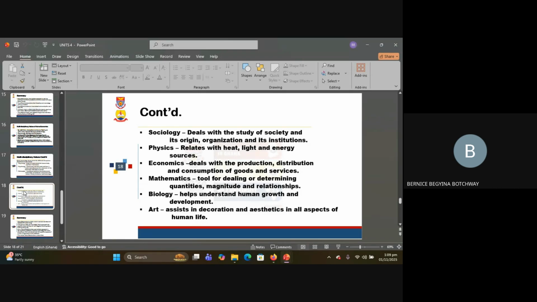When it comes to food and nutrition too, we measure the various quantities of ingredients we need. To bake the cake that you want to bake, it has quantities that you will use. If you are taking one cup of something, then the next thing you take should be half of it. The knowledge you have in math will let you know which measurement you have to use. We also have biology, we have art.